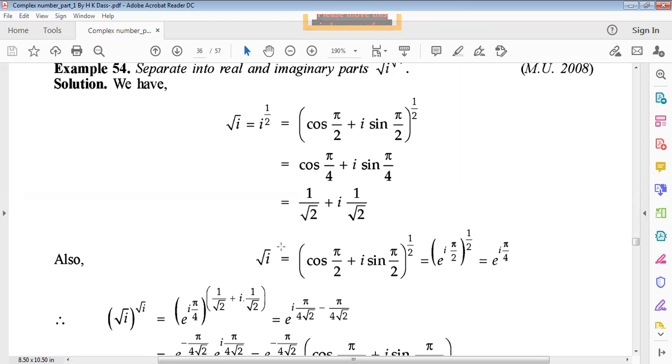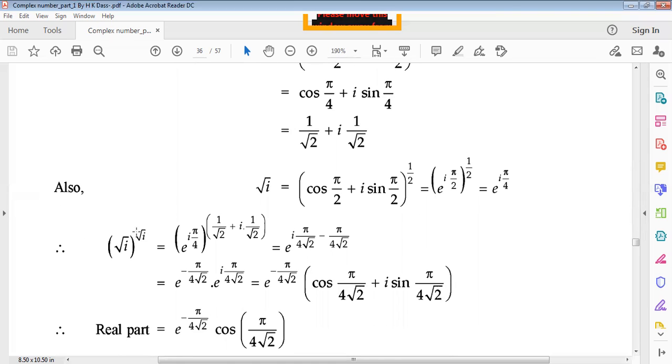So root over i can be written in exponential form: e to the power i theta equals cos theta plus i sin theta. So e to the power i pi by 2, to the power half, means e to the power i pi by 4.